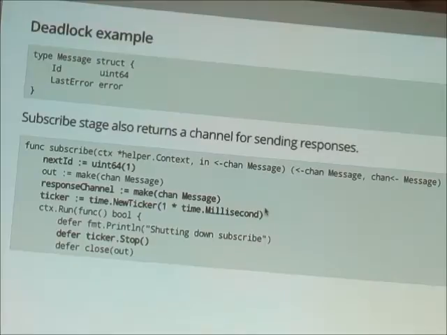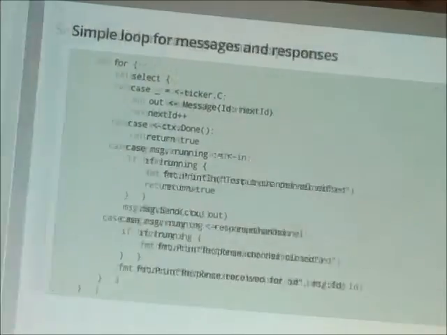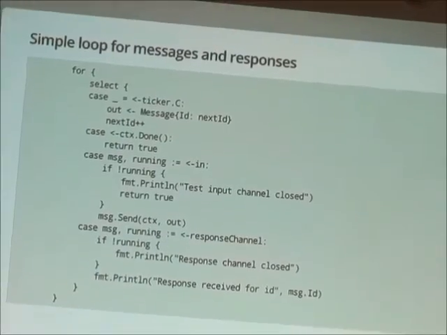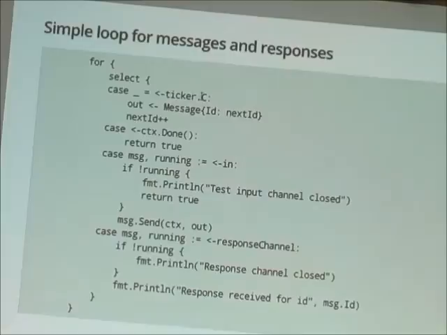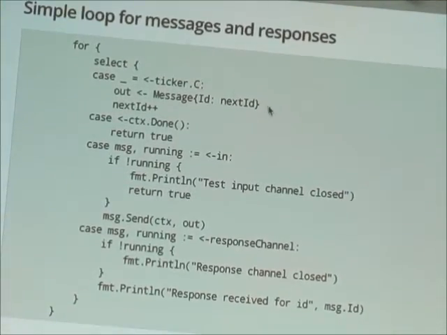So it's a little bit complicated. And I'm going with the kind of naive approach right now. Inside the for loop, we have a select that is waiting for the ticker to tick, in which case we send an output message with the next ID in it. We're also waiting for maybe the context to shut down, in which case we abort.